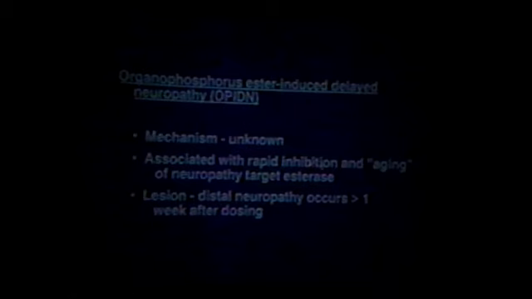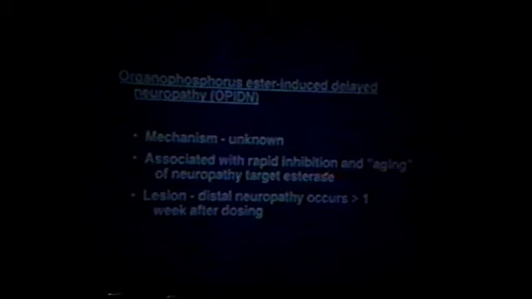It is associated with the aging of an enzyme in the nerve cell, and actually seen in other tissues as well, the neuropathy target esterase. And this enzyme, we don't really know what it does, other than there is this association that following dosage with these organophosphates, you see a rapid inhibition and a change in the conformation of this molecule called aging.